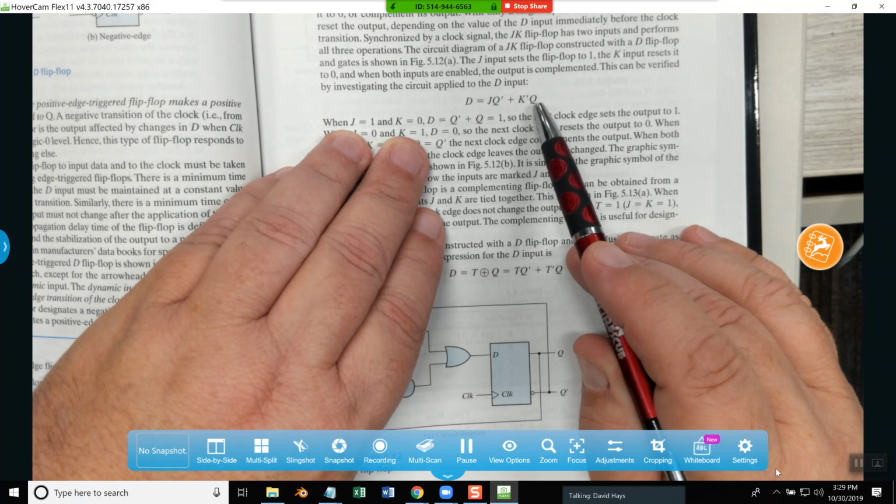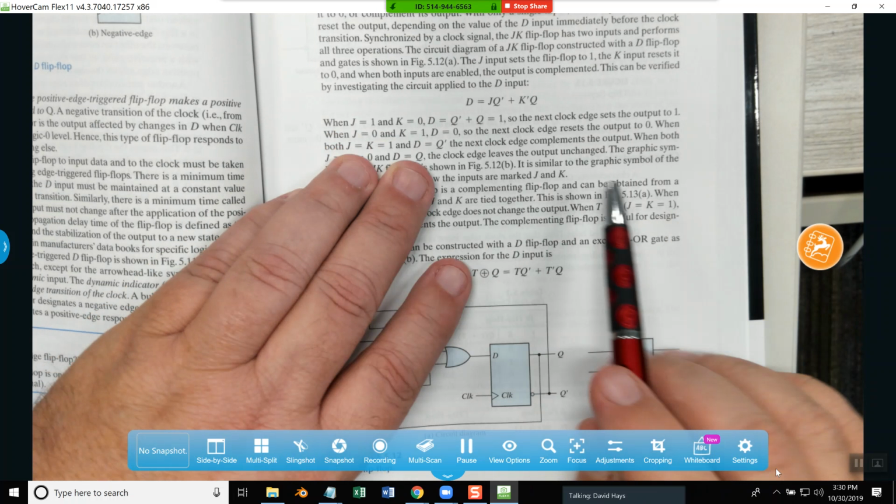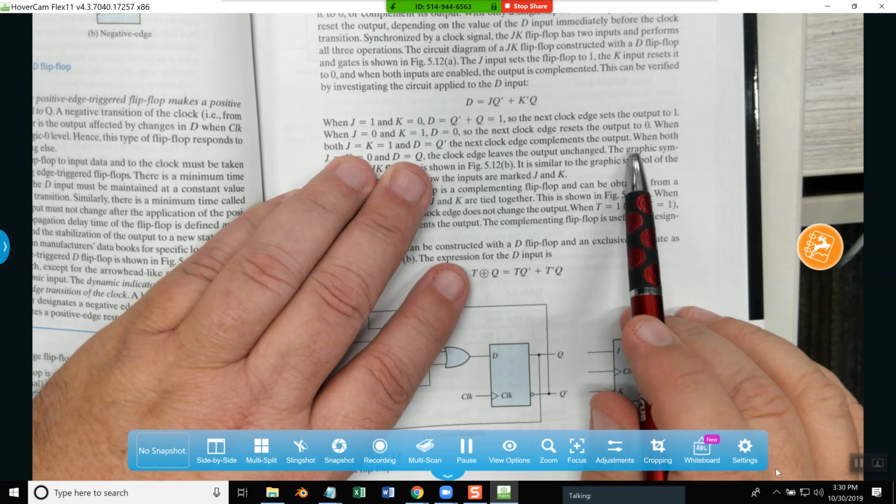The T, or toggle, flip-flop is a complementing flip-flop. That's over here. It can be obtained from a JK flip-flop when inputs J and K are tied together. So T is tying these two together.